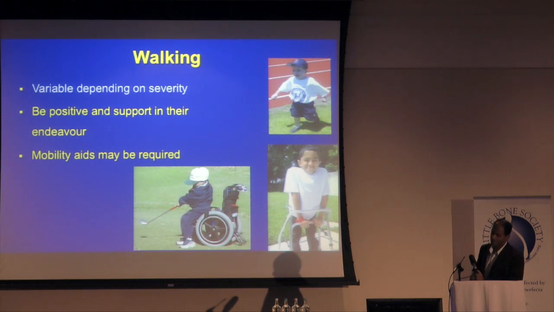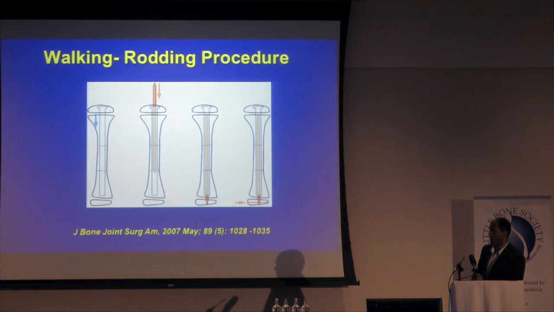Walking can be affected in brittle bone disease, and it all depends on the severity of brittle bone disease. It's important to be positive and support them in the endeavor of walking. Mobility aids may be required in some children for improving their walking.